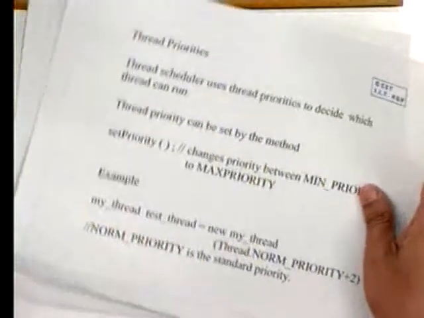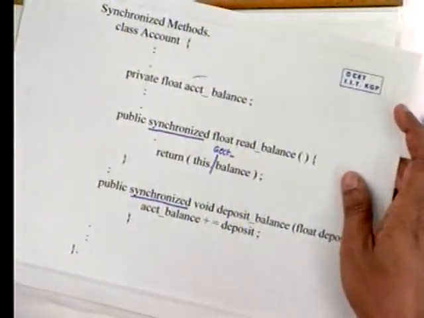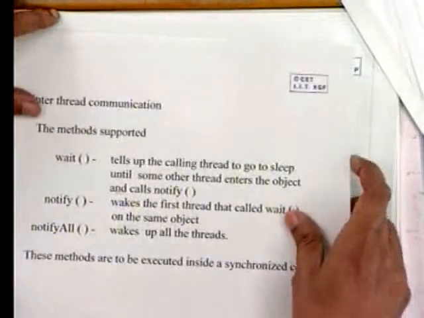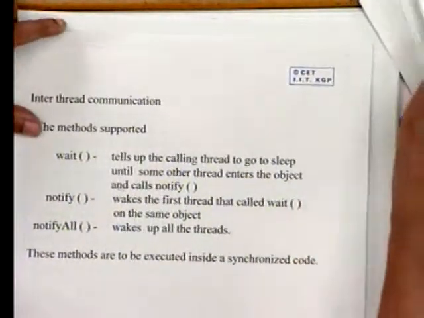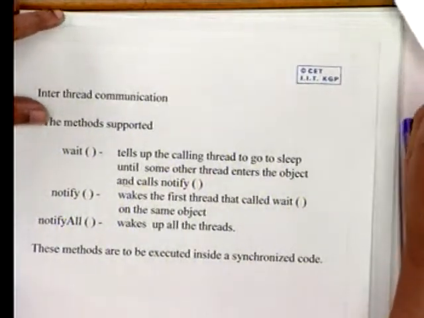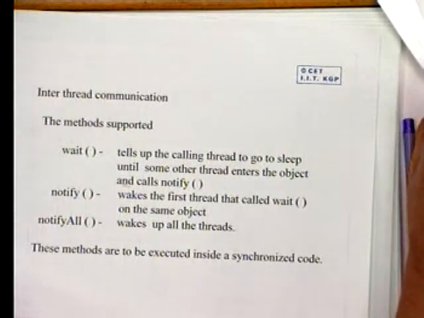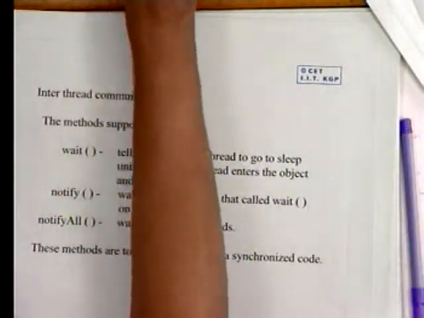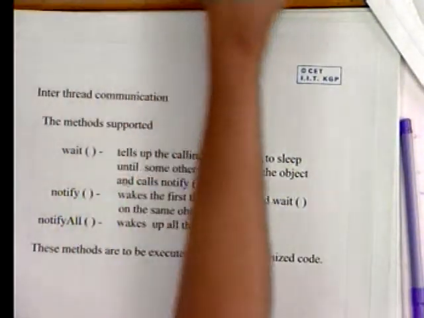So what we have seen in these two lectures is what a thread is, how threads can communicate with each other, that is inter-thread communication, and how to synchronize, which is very important, particularly when we are looking at concurrent access to the same object, and it is necessary to synchronize them.